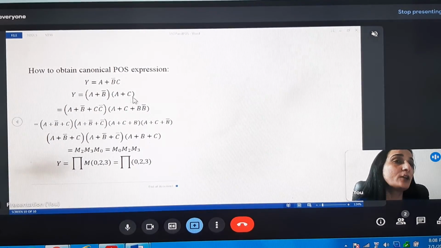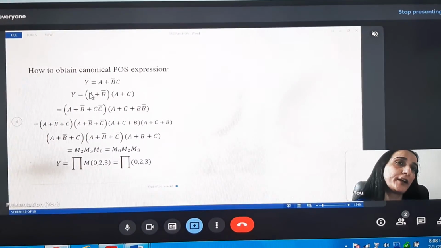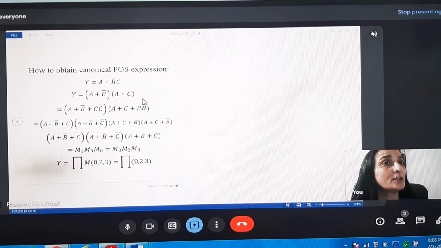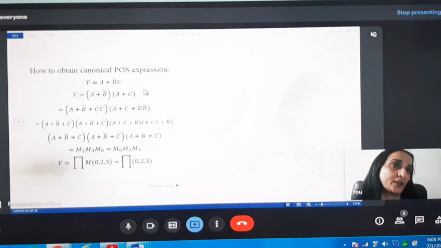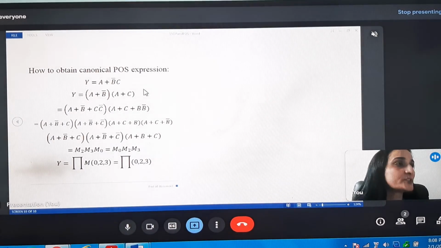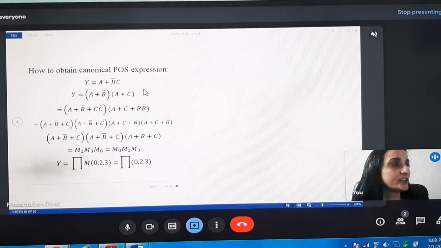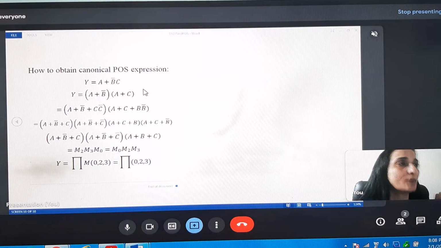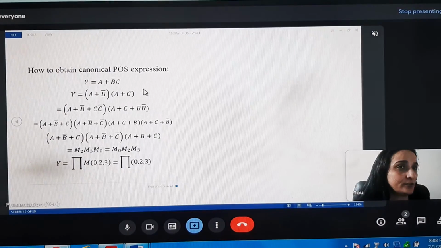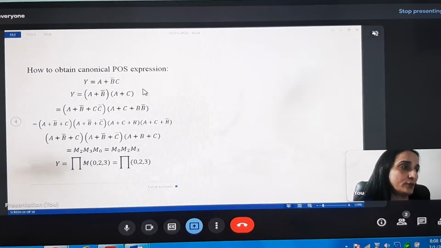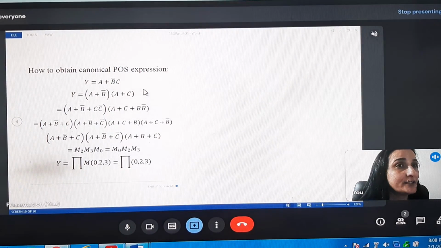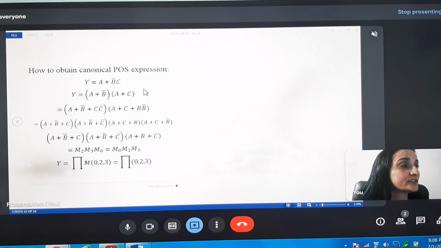Now, what can we do? In the first term, variable C is missing. In the second sum term, variable B is missing. So to obtain canonical sum terms, fundamental sum terms, add the product of the missing variable and its complement in the non-standard sum term.